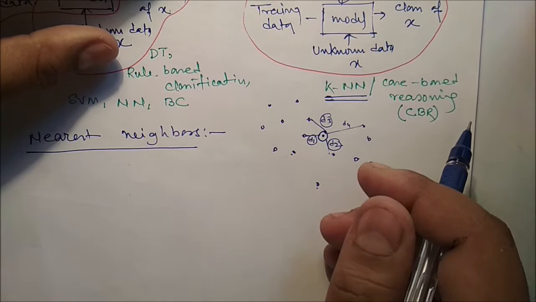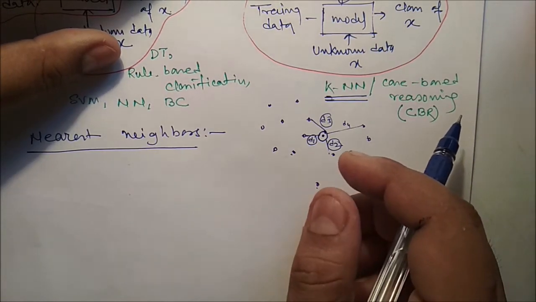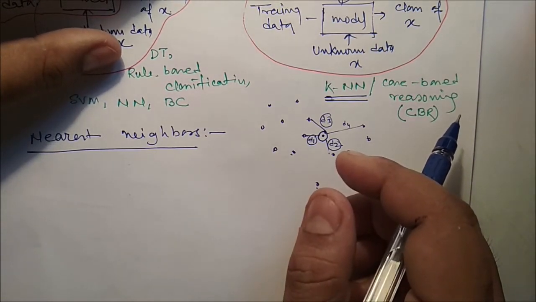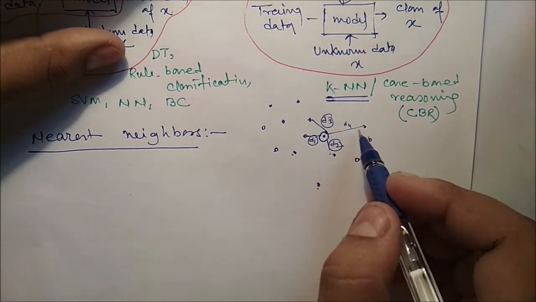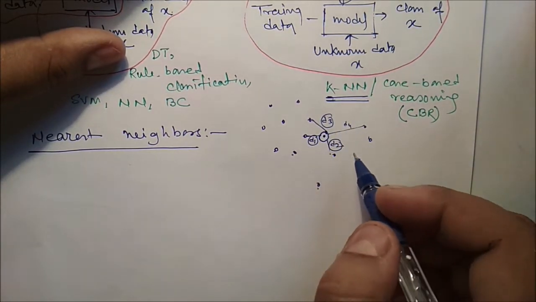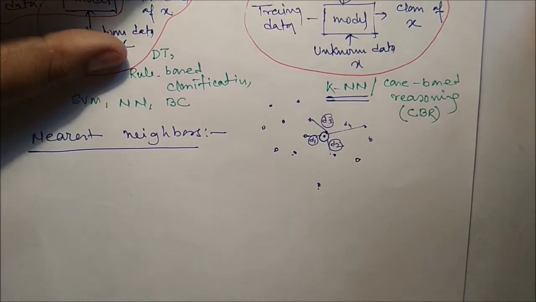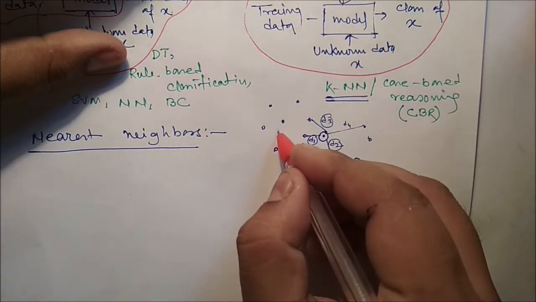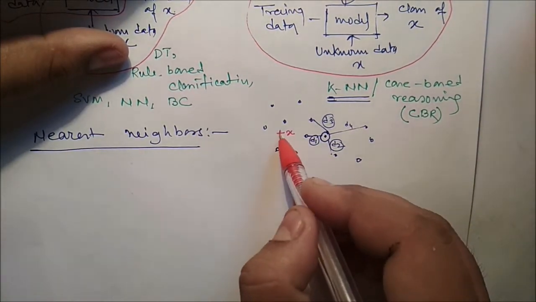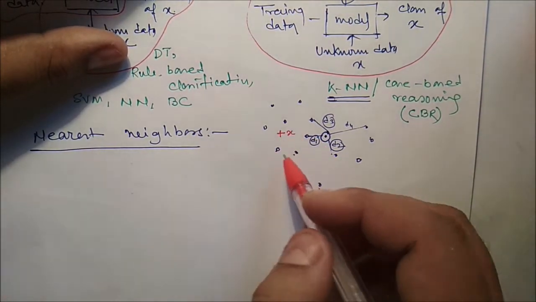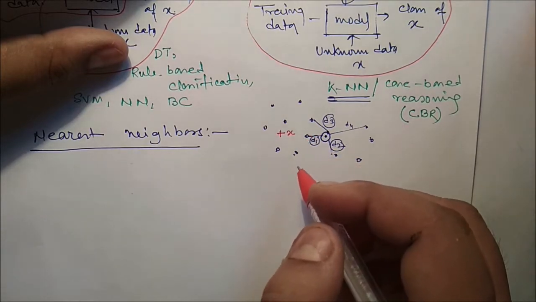Now nearest neighbors can be used to determine the class level of the tested data. So we can use this concept to identify the class level of any unknown data, say X. We don't know its class level, so using the nearest neighbors we can identify it.